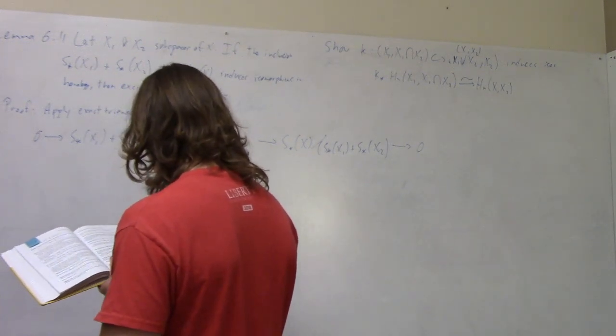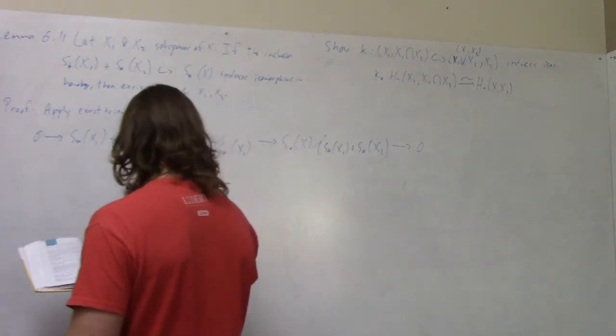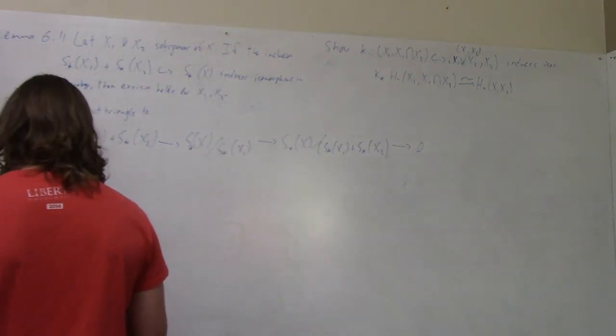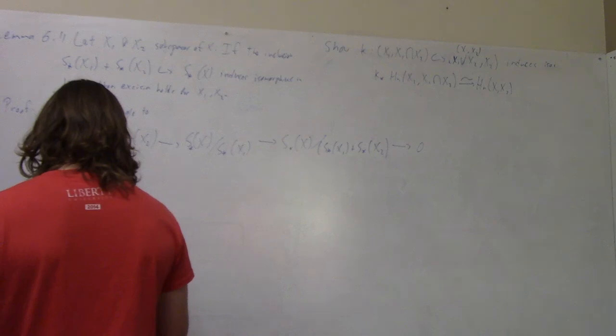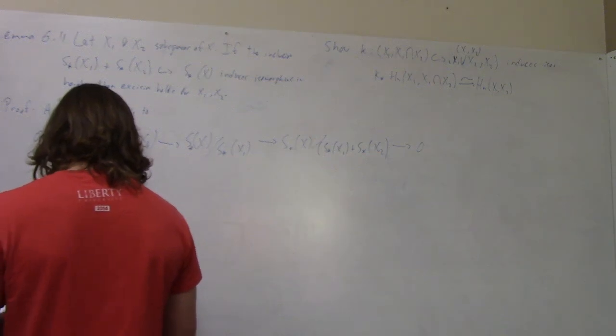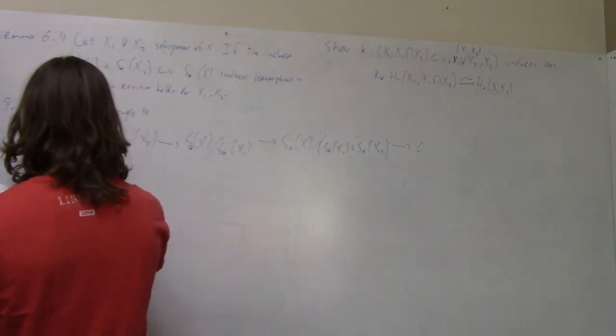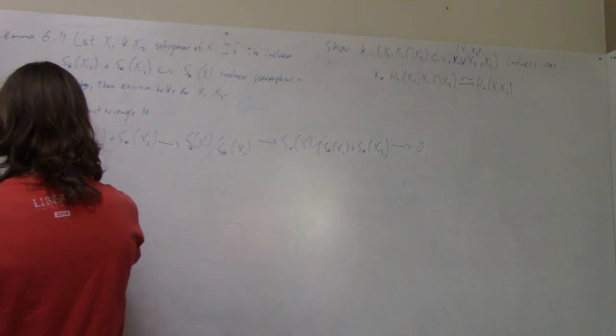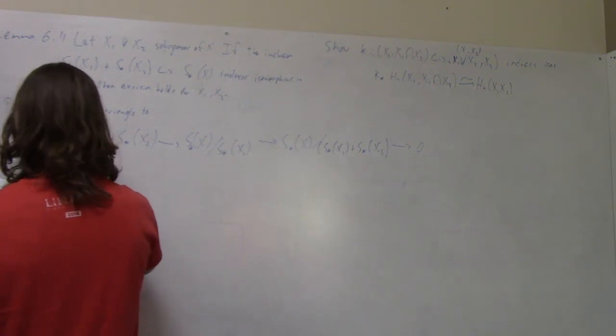So it says we obtain a long exact sequence. I'll just go back to page 90. So we get H_n of and so on.